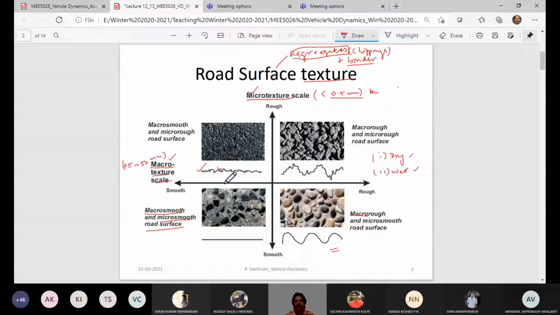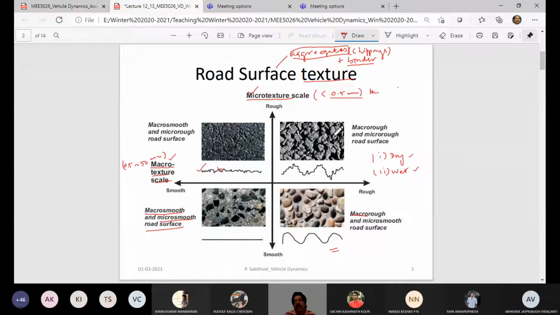So what would happen if you have water on these surfaces? The water would penetrate more on the macro rough and micro rough road surface compared to the opposite quadrant here. The water cannot stay and it will flow out, and there won't be any water penetration inside the road.